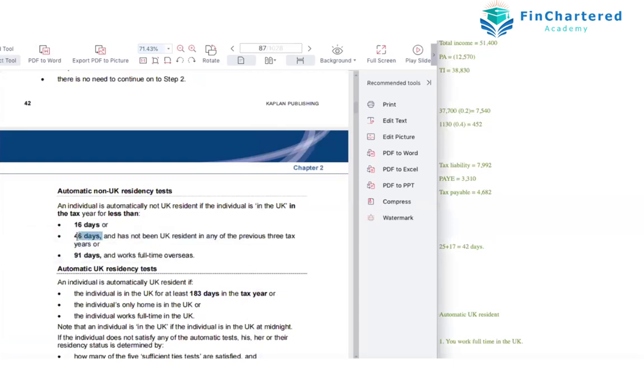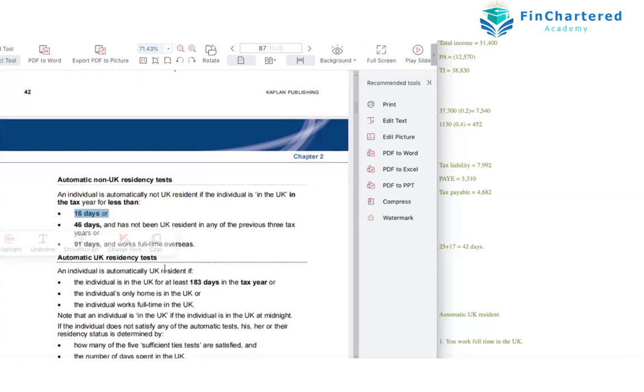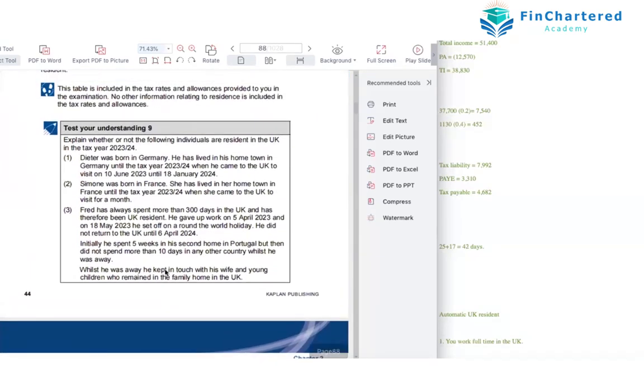And it is 46 days, but he should not have been a resident of the UK for the past 3 years. But he was a resident of the UK. So he doesn't fit the second criteria also. So he does not qualify as a non-resident. So it's not like he becomes a non-resident. So he doesn't fall in the category of non-resident already.